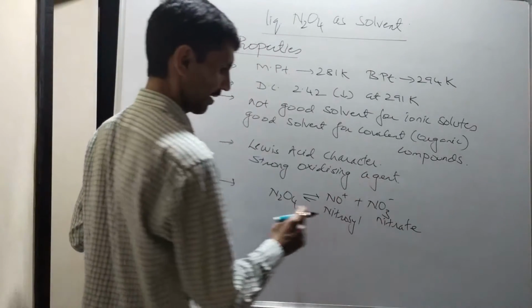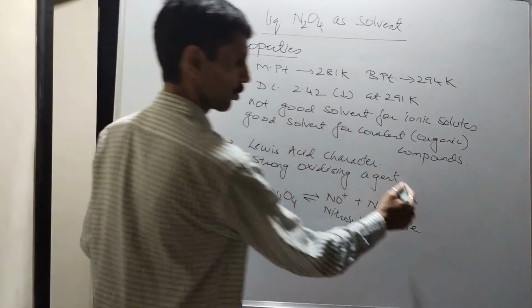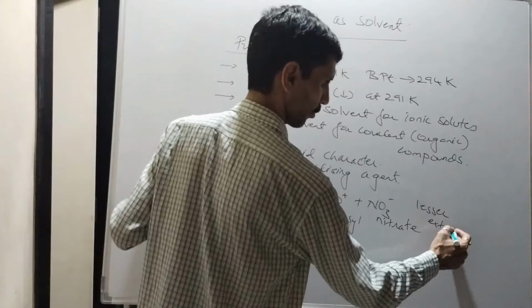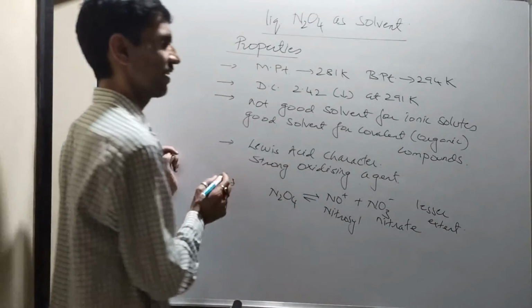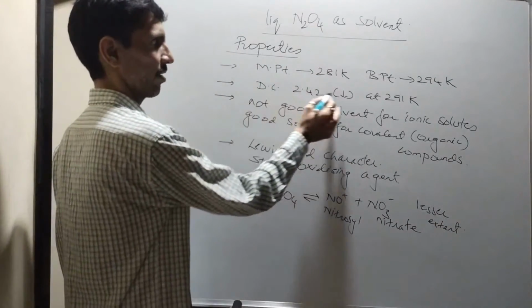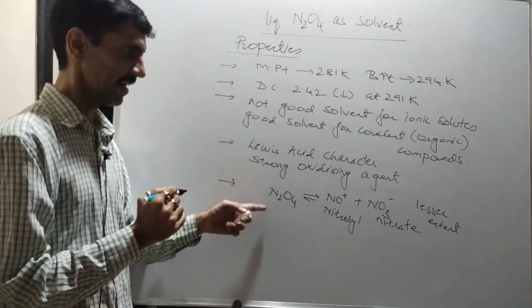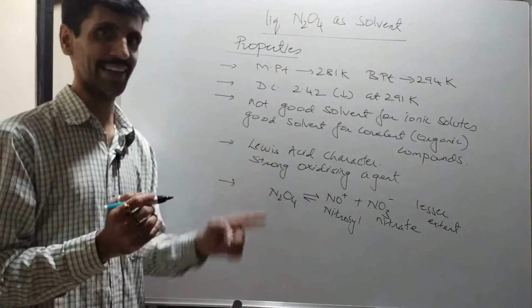Now what happens is this reaction takes place to a lesser extent. Now why lesser extent? You are smart enough, you have understood this. Why is it? Because its dielectric constant is less, उसका polarity less है. Okay, और इसलिए this reaction takes place to a lesser extent.